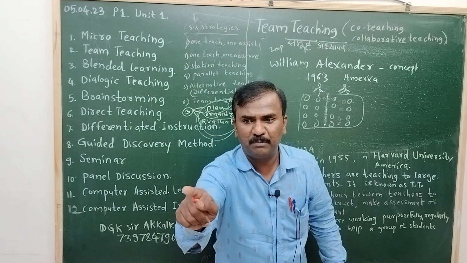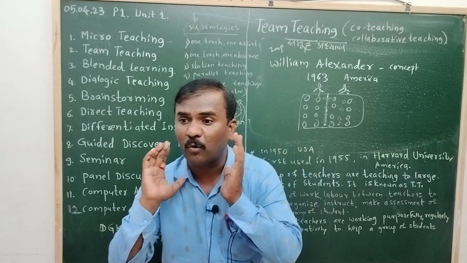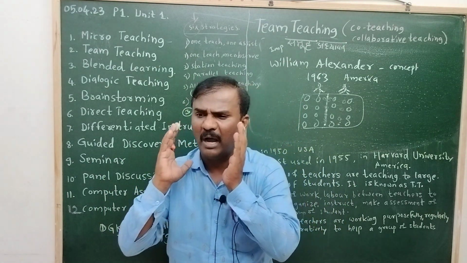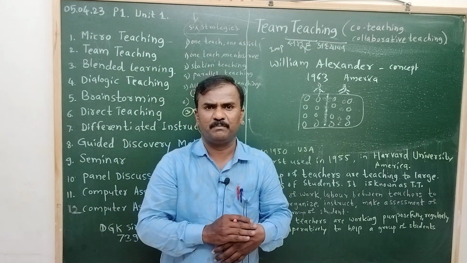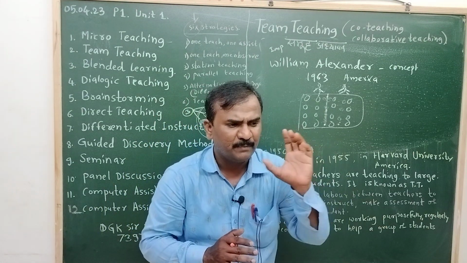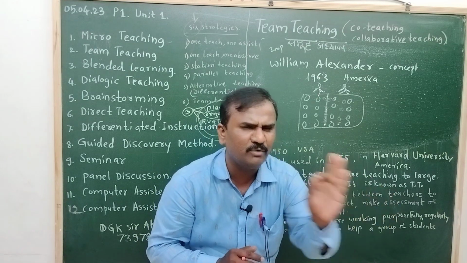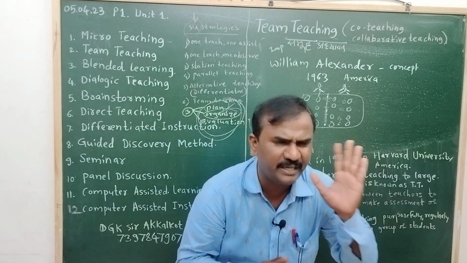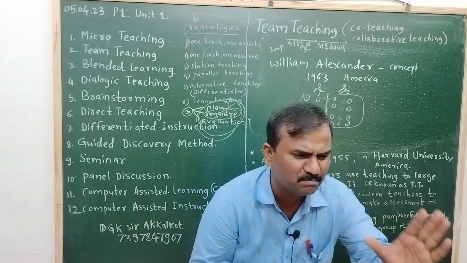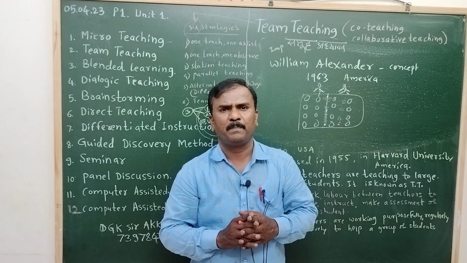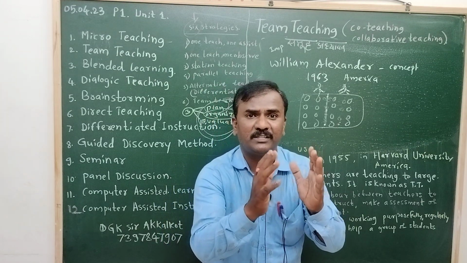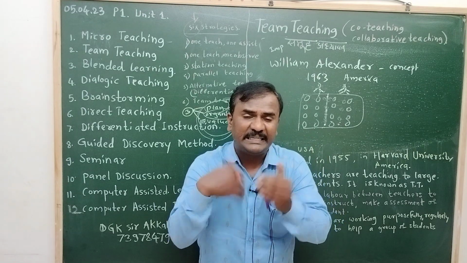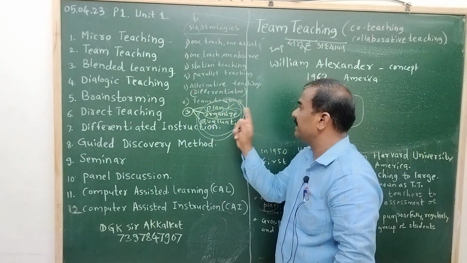If he is very brilliant, I should give high quality examples, high quality definitions, and use high quality words. If the student is ordinary, then I should use very ordinary words, very ordinary examples, and teach in very simple language. According to students' needs, teaching like this is known as differentiated teaching.